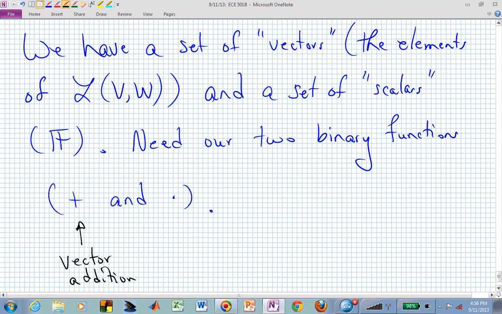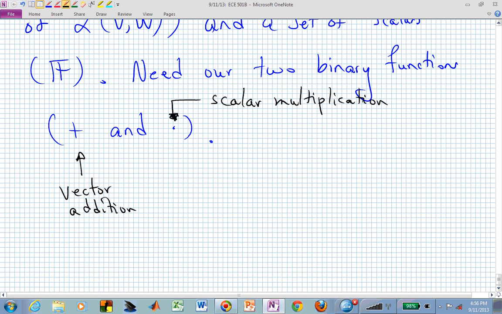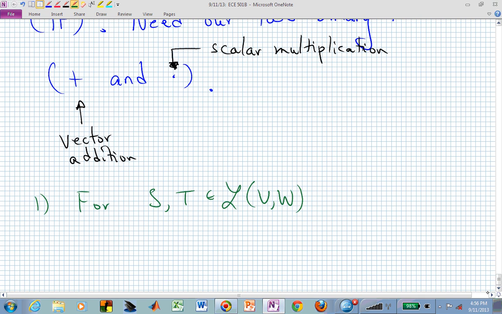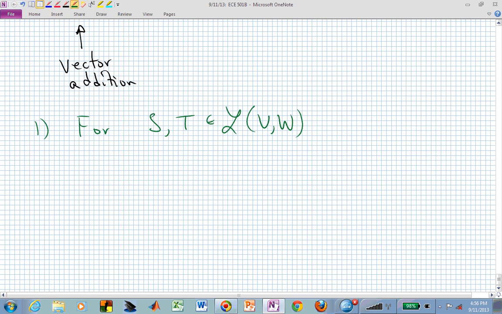The plus is our vector addition, and this dot is our scalar multiplication. And we just need to agree on what we mean by those additions and multiplications. One, if we have S and T both belonging to this set of linear maps, then we can simply define what we mean by addition.